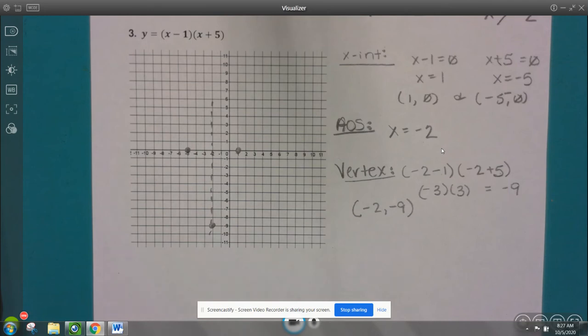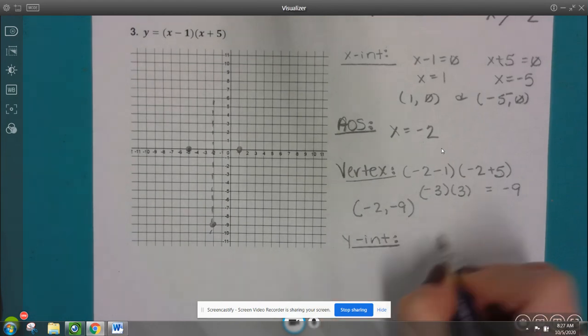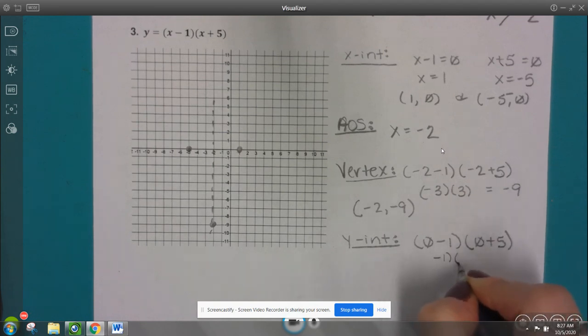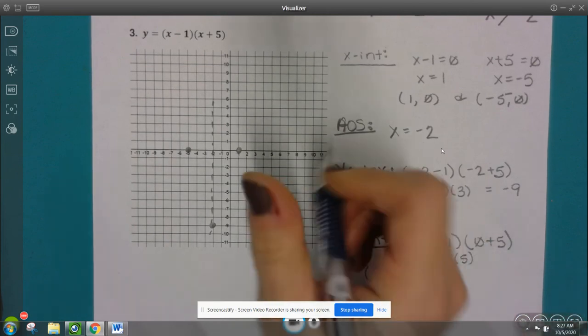Since we do have to find our y-intercept in this case, I'm going to go ahead and substitute in 0 for my x value. So I'll have 0 minus 1 times 0 plus 5. So that's -1 times 5, which tells me my y-intercept is at 0, -5.